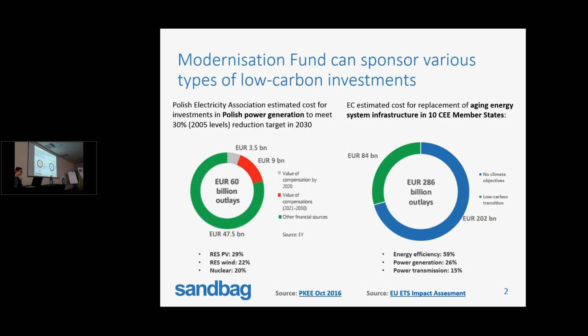Does the association include any energy efficiency measures? The question was, did the association include any energy efficiency measures? No, they didn't, and that's why I found it very interesting to compare these two graphs, because you can look at the same problem from different angles, right?